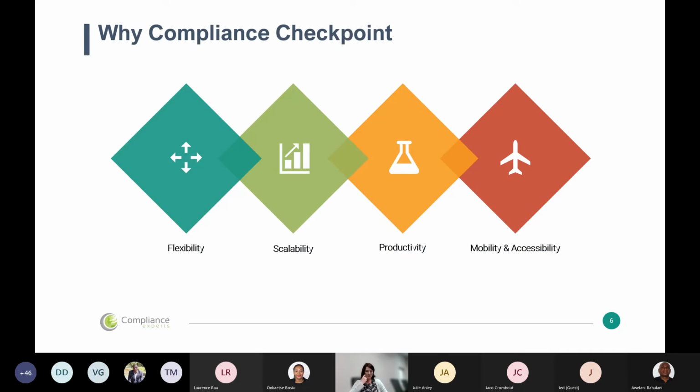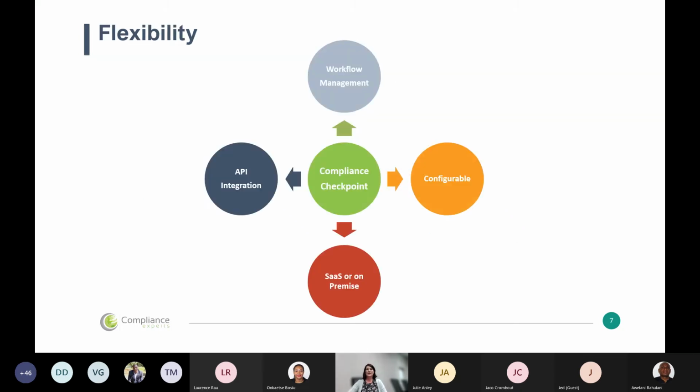So why Compliance Checkpoint? I've highlighted four of the key attributes of the system that we think will be of use to the regulators. Starting with flexibility, the software is flexible, scalable, and readily adaptable to any organization and changes in policy. I think that's important when you're looking at regulatory changes.